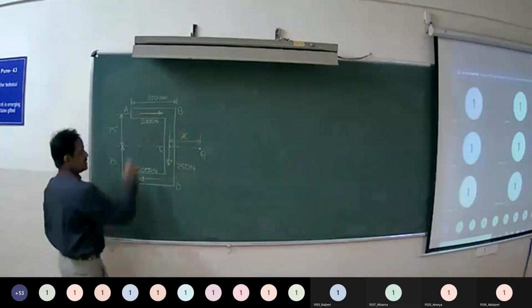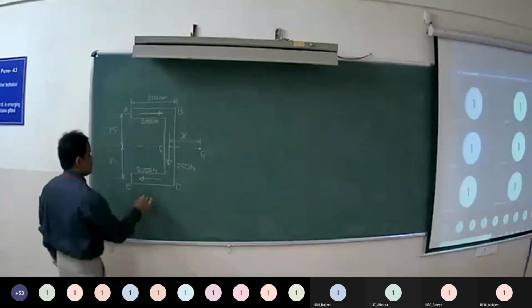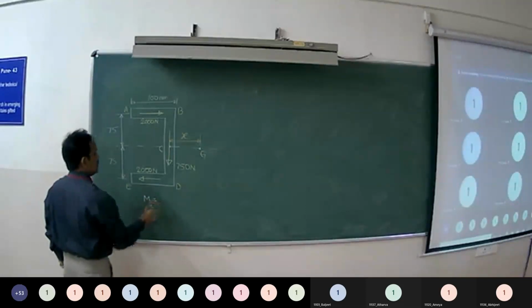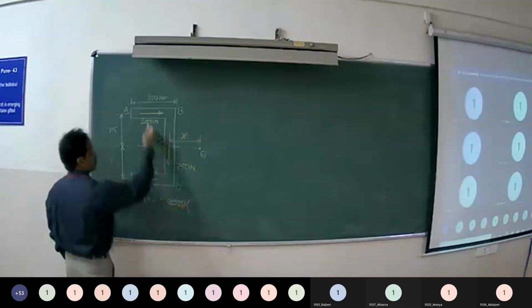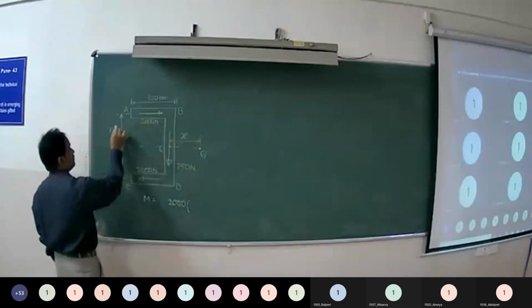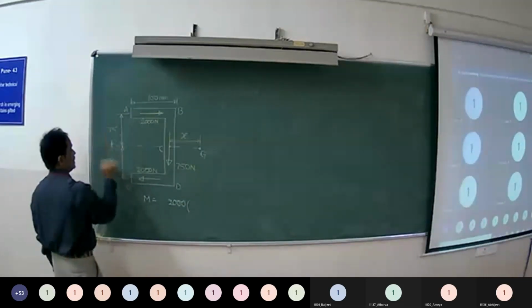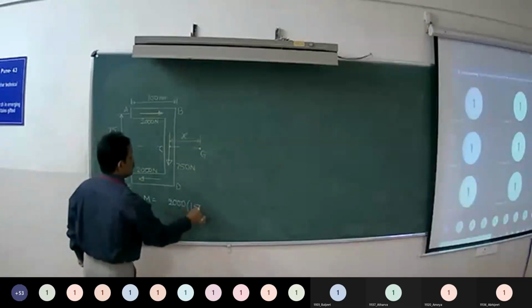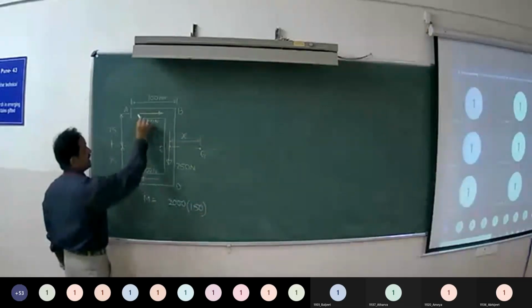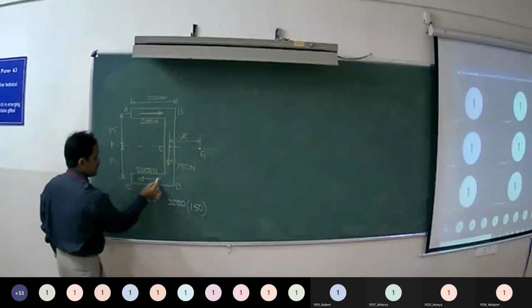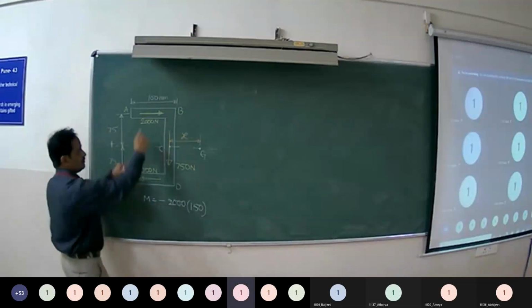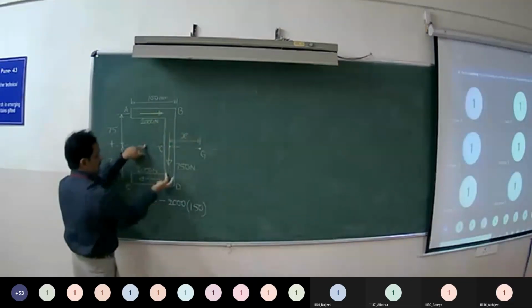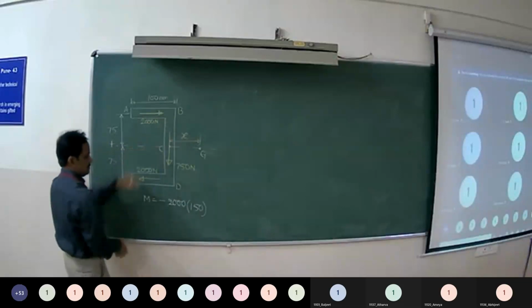So you can replace these two parallel forces with a couple of magnitude 2000 into the perpendicular distance between them, which is 75 plus 75, 150. And what is the sense of the couple? Yes, it is clockwise. It is acting towards right and left, so it is forming a clockwise couple.